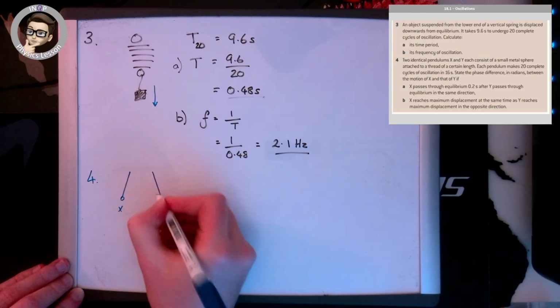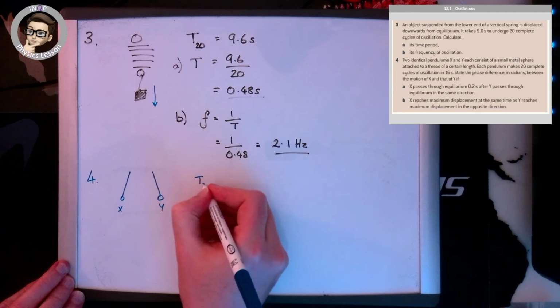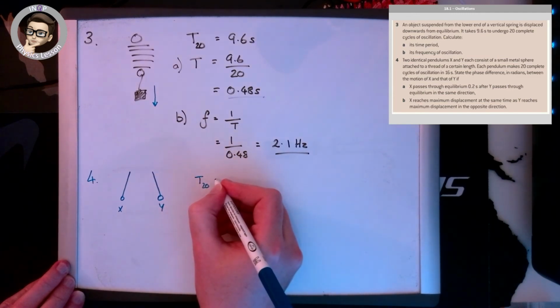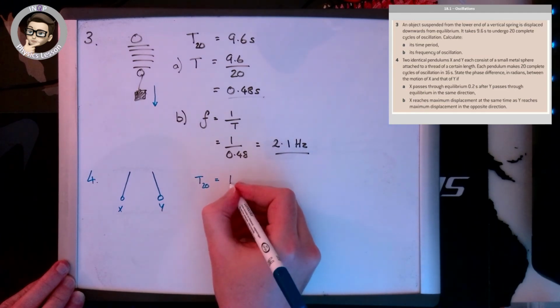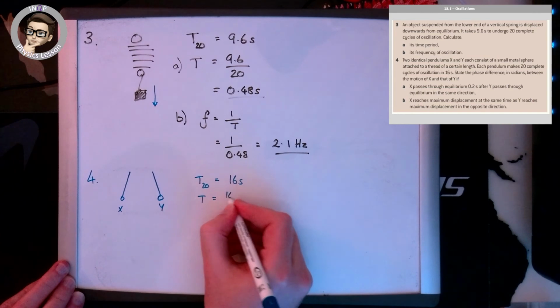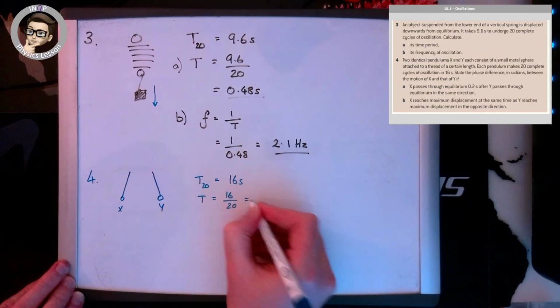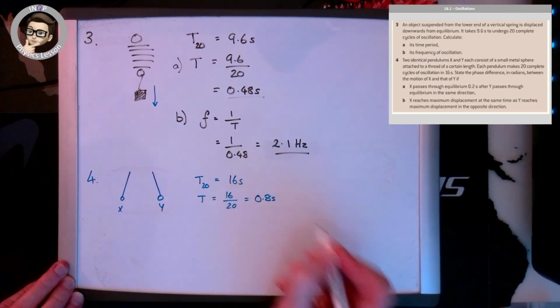So in other words, they must be the same length. So T20 is going to be 16 seconds. So therefore, the time period is going to be 16 over 20, which is going to give us 0.8 seconds. That's always useful to have before we start.